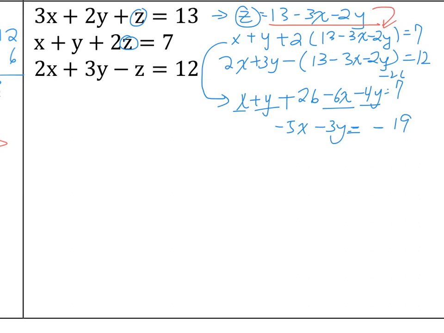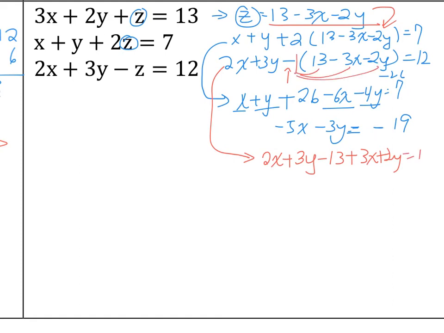Okay, and then I'm going to solve for the second one. That will be 2x plus 3y minus 13 plus 3x plus 2y. So basically I distributed the negative 1 into every single term here. And this will be equal to 12.